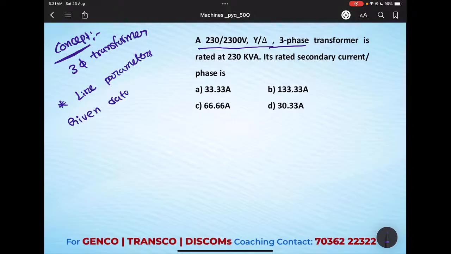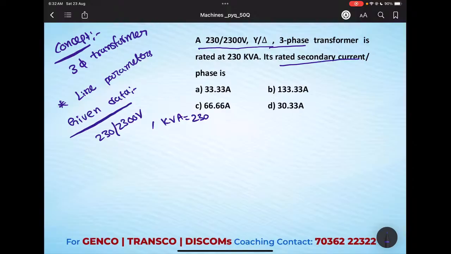The given data is 230 by 2300 volt transformer they given. kVA is given as 230. What they are asking? Rated secondary current.